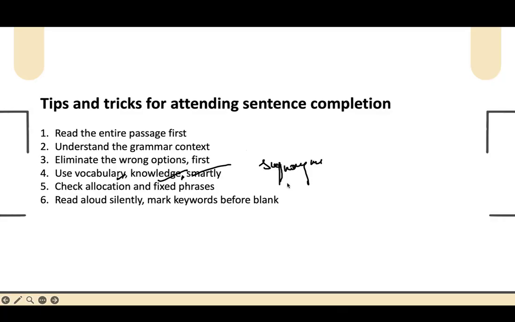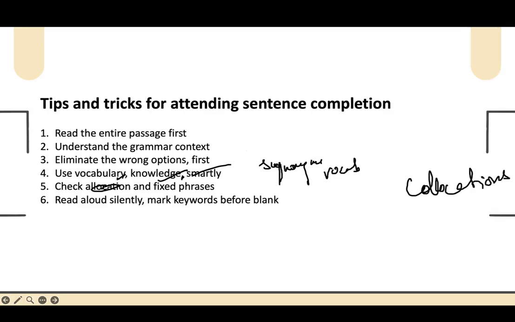Develop antonyms, develop your contextual usage. You can also make a register for your vocab, a vocabulary register. Then check collocations. Many answers depend on phrases that commonly occur together.